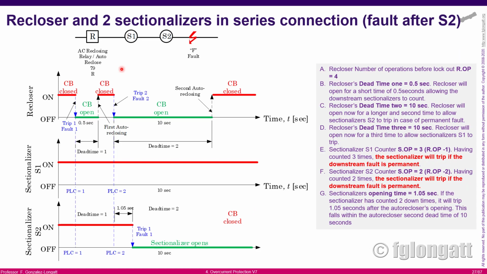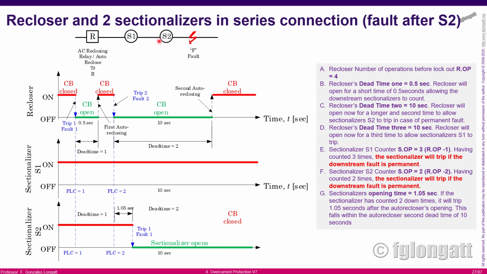Something similar is when we have sectionalizers in series connection. When you have sectionalizers in series connection, we have sectionalizer 2, sectionalizer 1, we have the recloser, there is a fault, the recloser opens, and both sectionalizers start to take into account what happened. The recloser opens, then tries to close, and because I saw the first and the second, I will say, okay, that means that the fault is downstream.